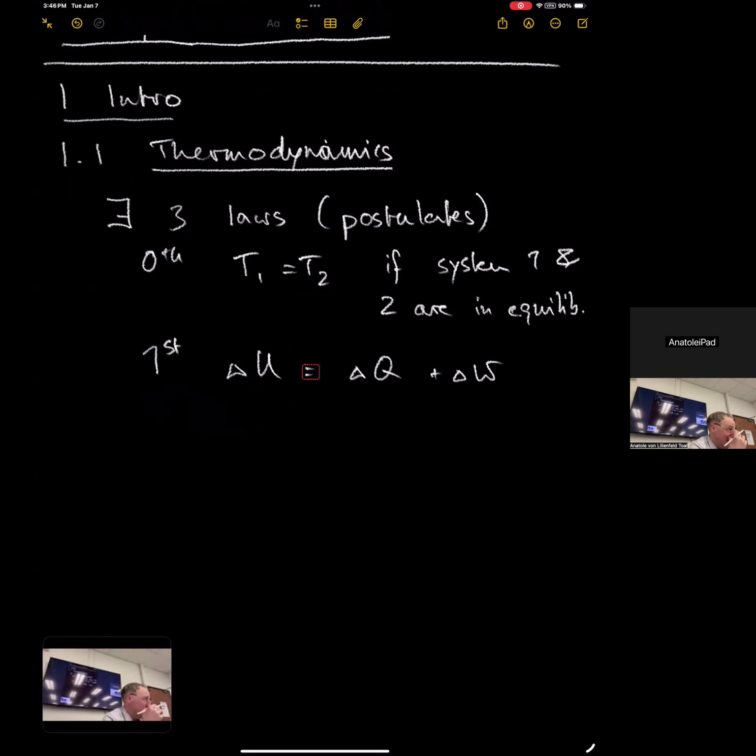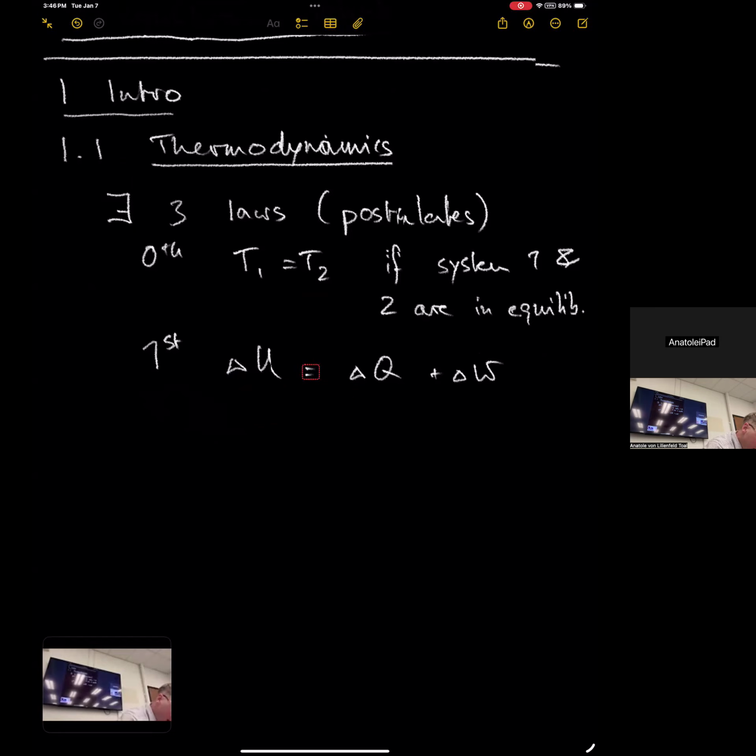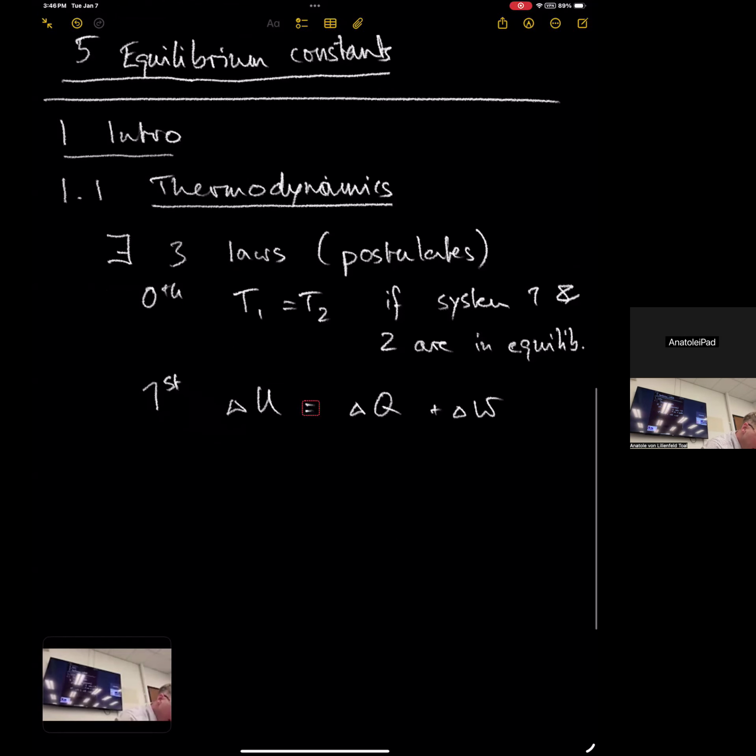So your system itself does not change its energy. The second law tells you that your change in entropy, which is a reversible heat change over the temperature, will always be larger or equal to 0.